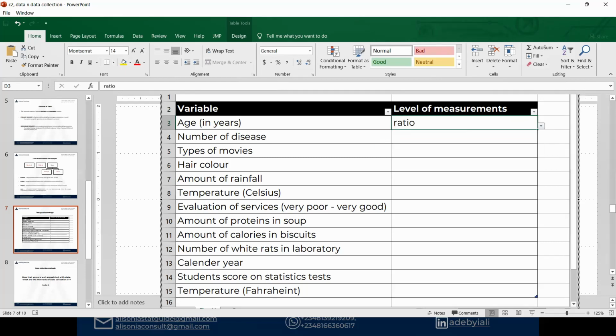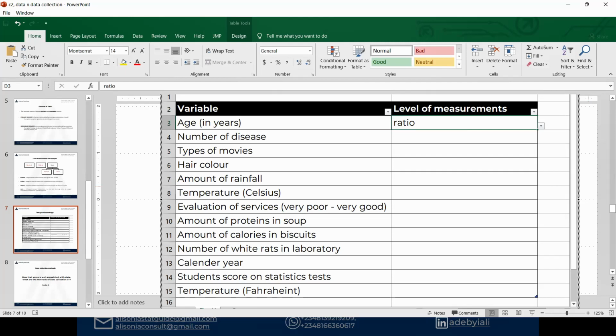Number of diseases. That should be ordinal. It is categorical. No, is it nominal? Wait. Let's calm down. Ordinal and nominal, they are textual data. They are qualitative. When you see number of something, that should be what?